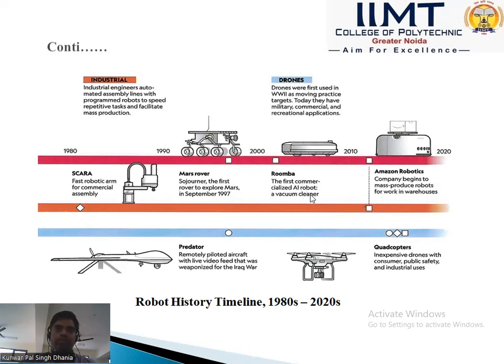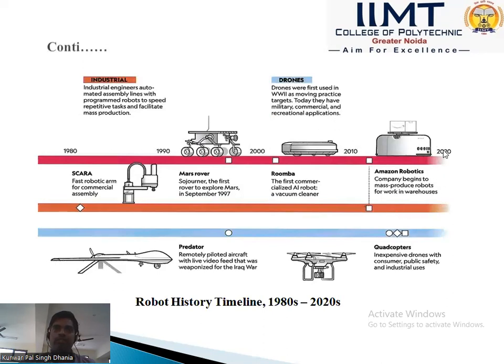Roomba, the first commercialized AI robot, a vacuum cleaner, came in 2000s. Drones were first used in WWII as moving practice targets. Today they have military, commercial, and recreational applications.